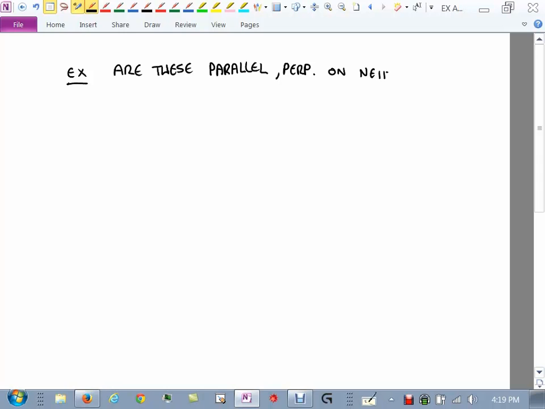Because it is possible that you can have two lines that are neither perpendicular nor parallel. They call them skew lines. They just hit each other, but they're not at a perfect cross, and they're not parallel. So let me give you two lines, and I'm going to make this a very simple example because of time. y equals 2x plus 1, and then let's make the other one y equals -2x minus 4.